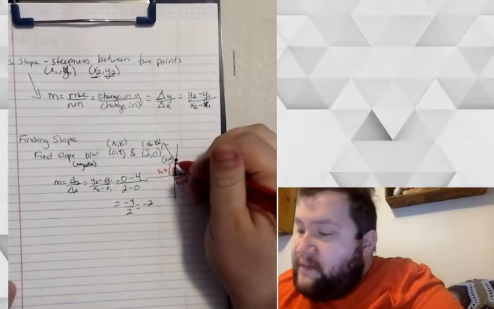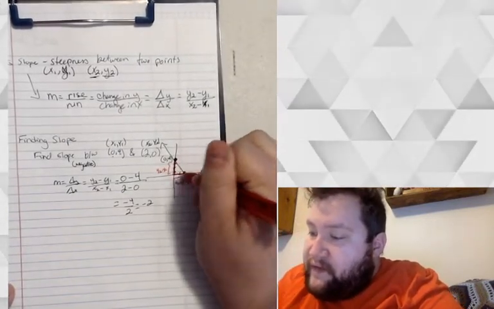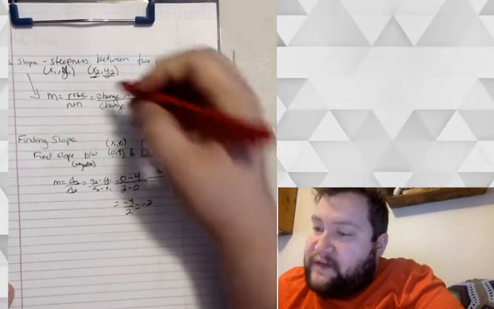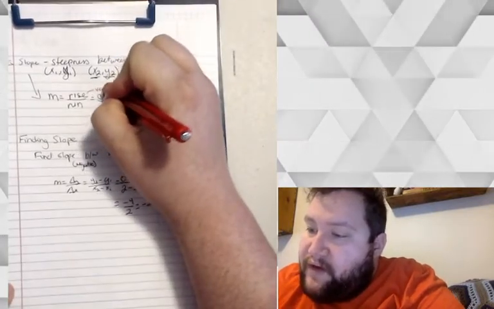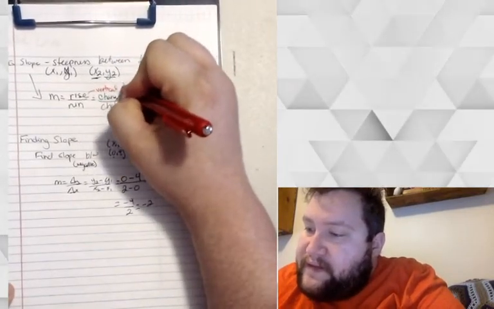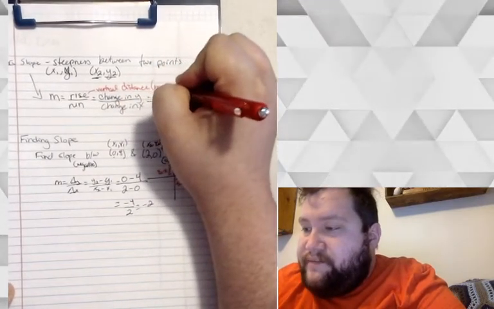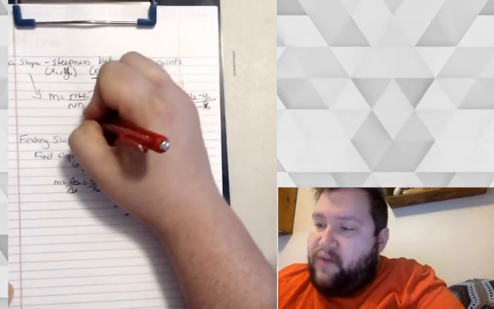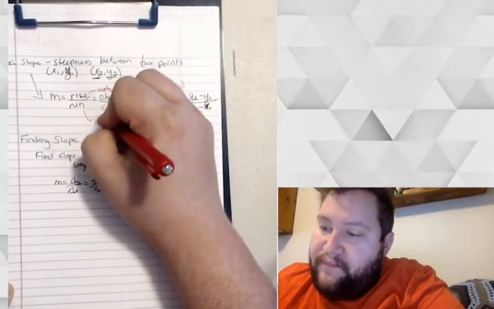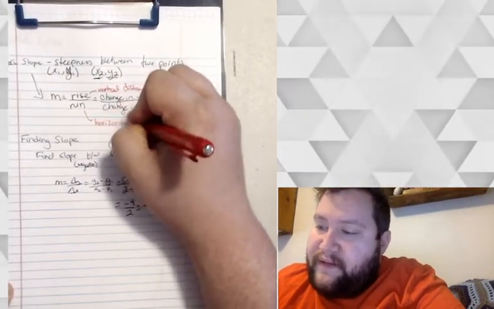And so because we do the vertical distance over the horizontal distance, rise is our vertical distance or change, and run is our horizontal distance.